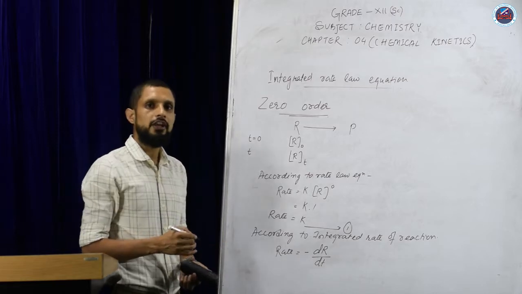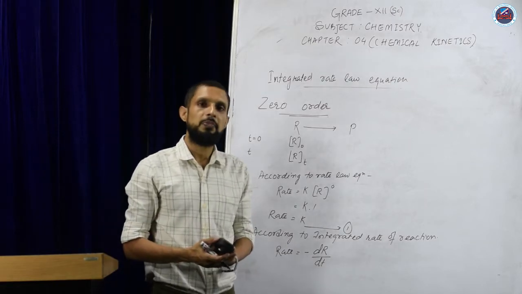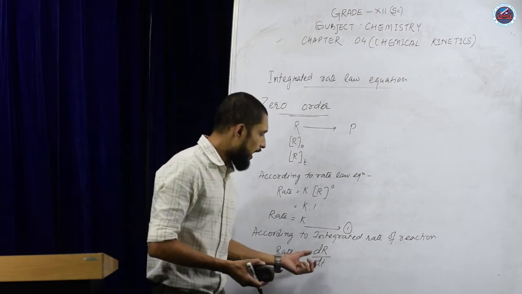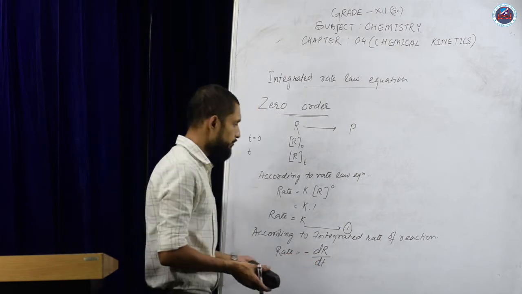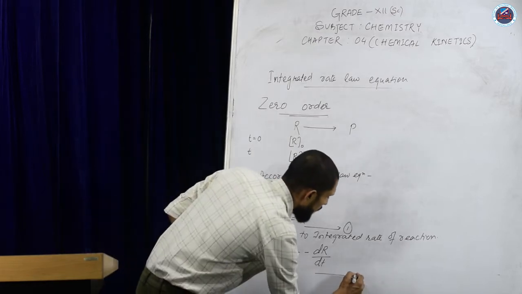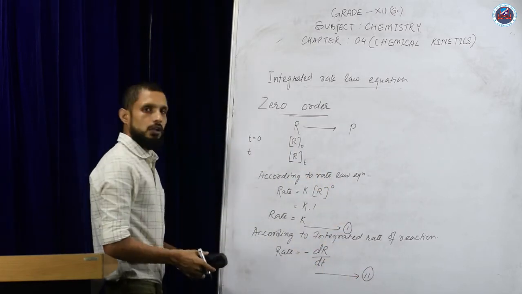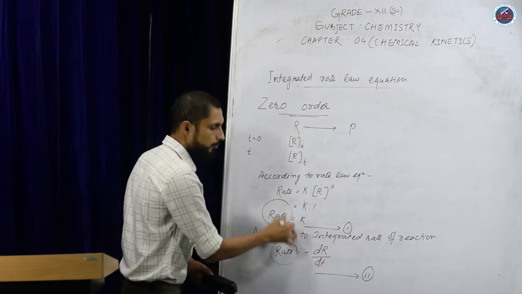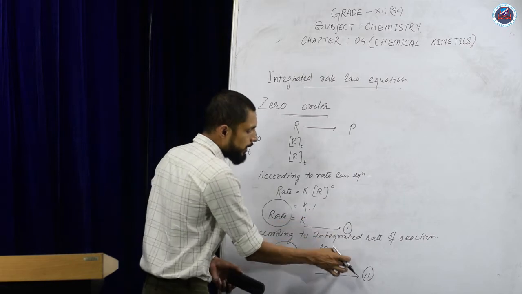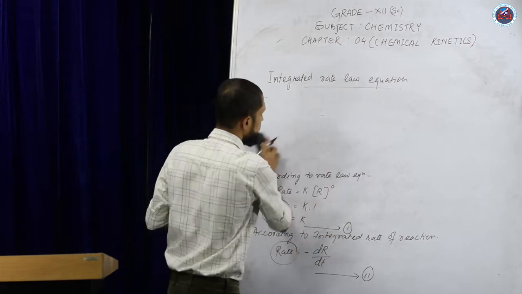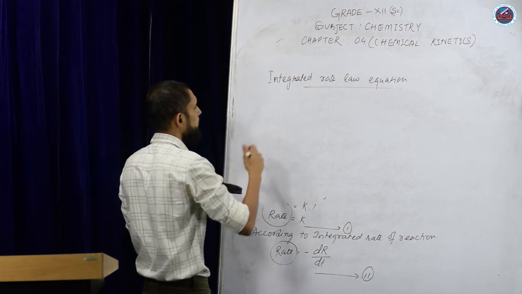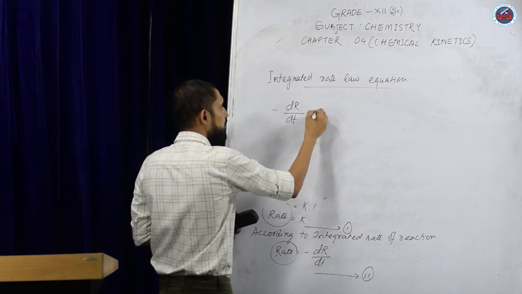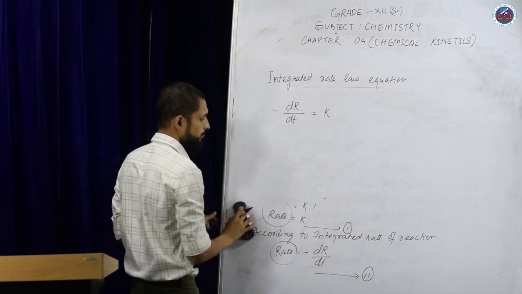In integrated rate of chemical reaction, we represent the change of concentration of reactant and time in differential form. So let this be equation number 2. Now you can see in equation 1 and 2, the left hand side is same. So if we compare equation 1 and 2, we can write minus dR by dt is equal to K.